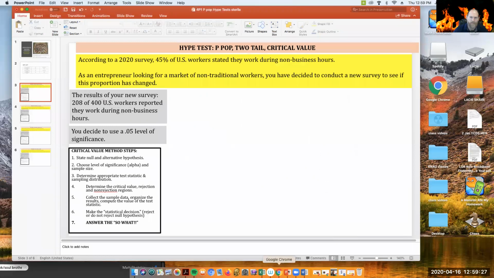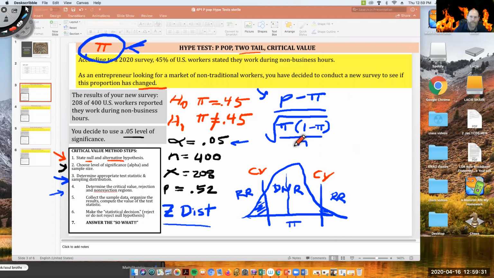So I'm going to go back here, pull my stuff back up. That means that this value here is 1.96. This value here is negative 1.96. So I've determined the critical values, okay, because it's two-tailed.